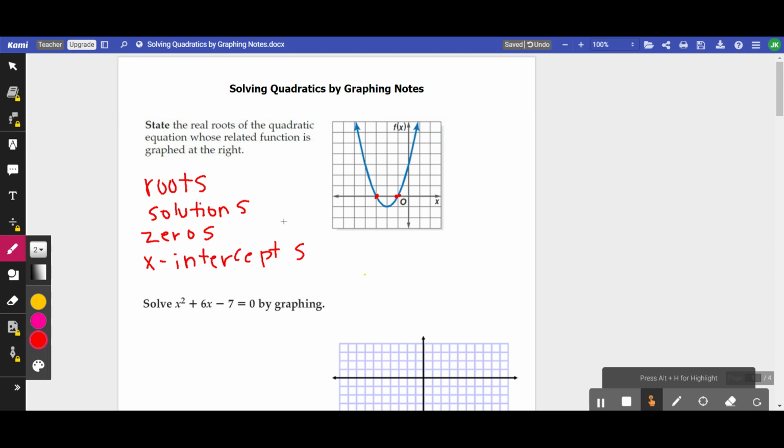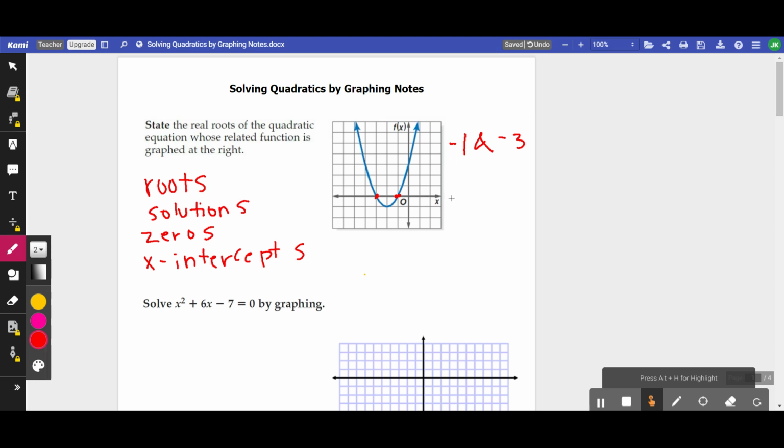This one here, x would be equal to -1, so that would be your first root or solution. Then you can count over, left 3, so your other root would be -3. That would be the answer to that question.